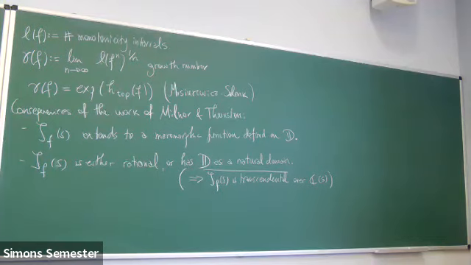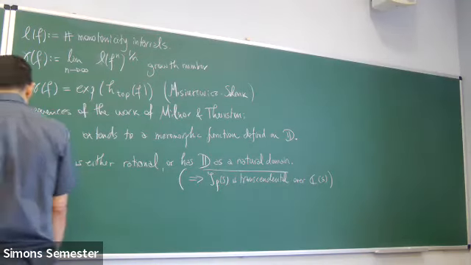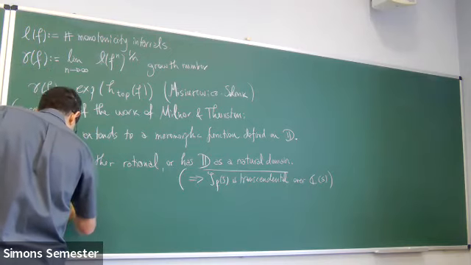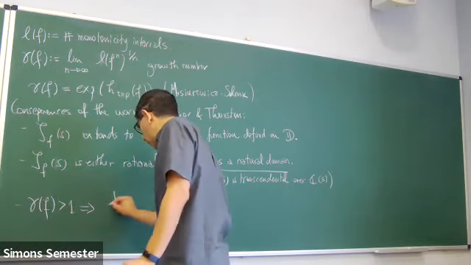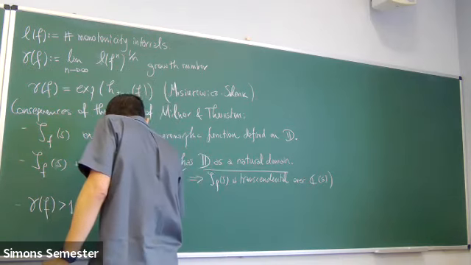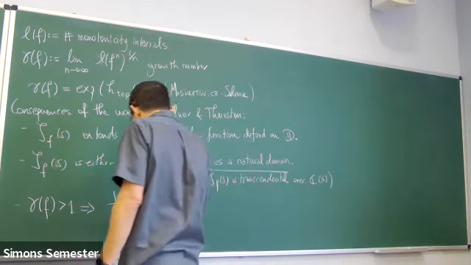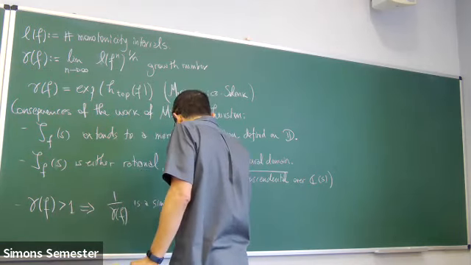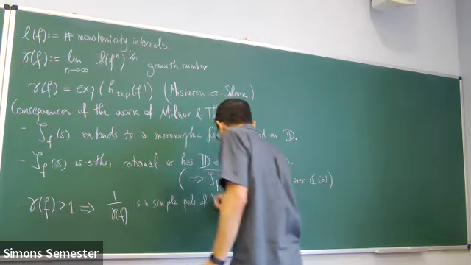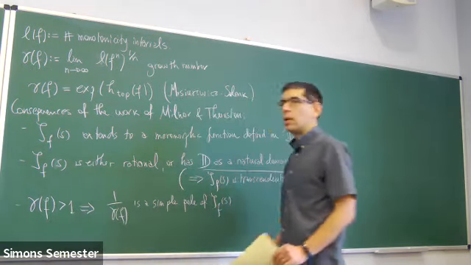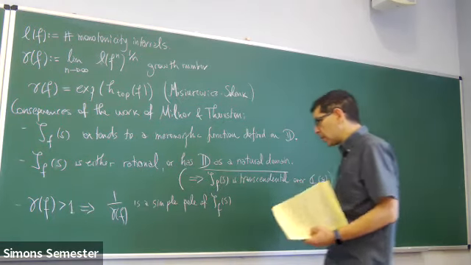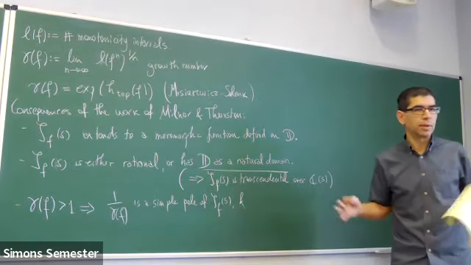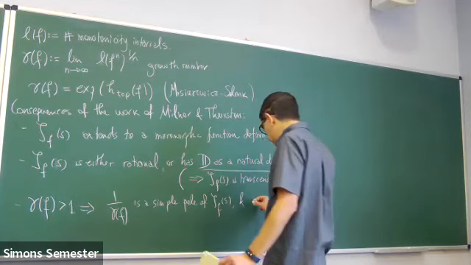And maybe let me add here, in the case where we have positive entropy, then 1 over the growth number is a simple pole of the zeta function. And it's also the smallest pole, so the pole with the smallest norm.